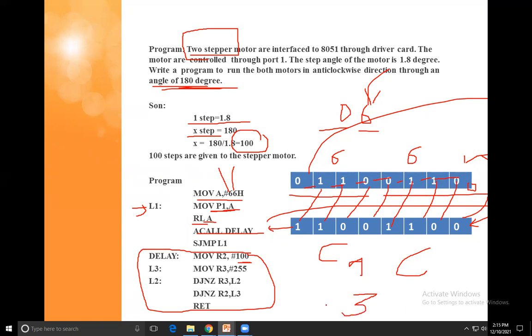Again it will go to another step: 66 to C, C to 9, and 9 goes to 3. So this sequence will be repeated until you stop the program. So this is the program to rotate the stepper motor in the anti-clockwise direction.